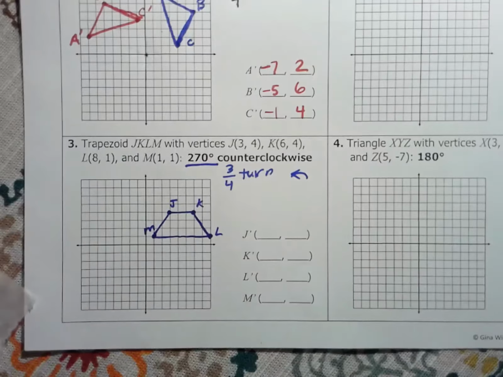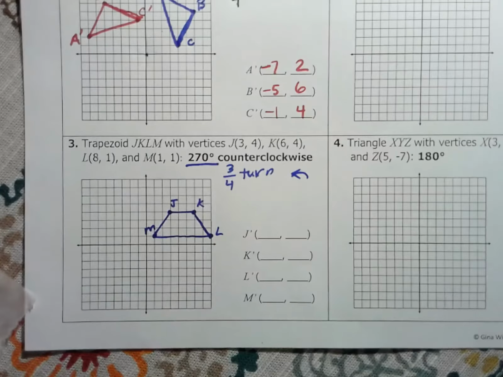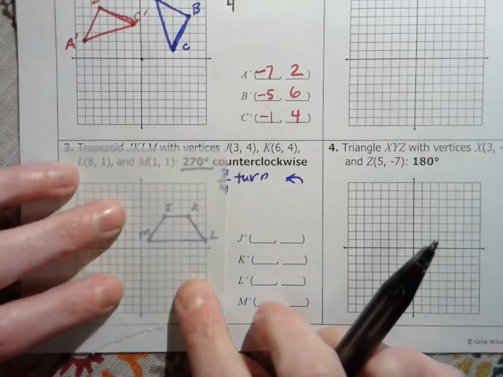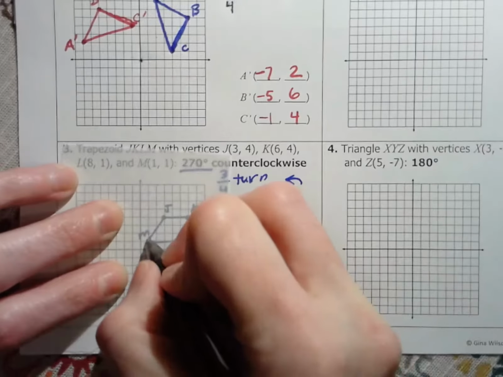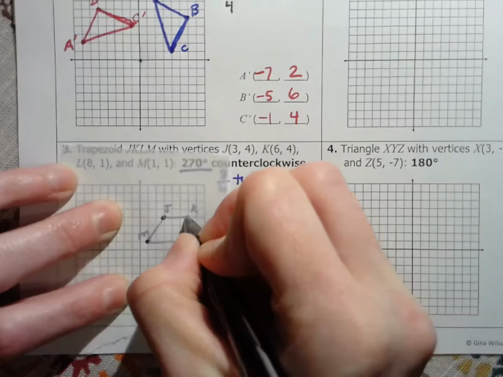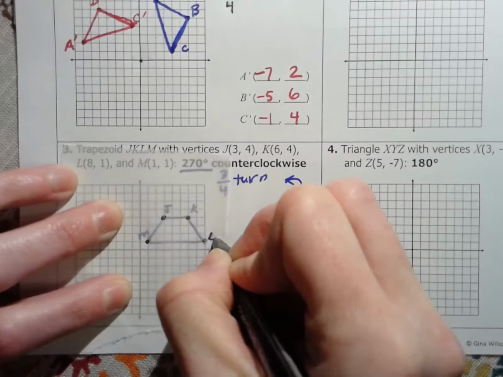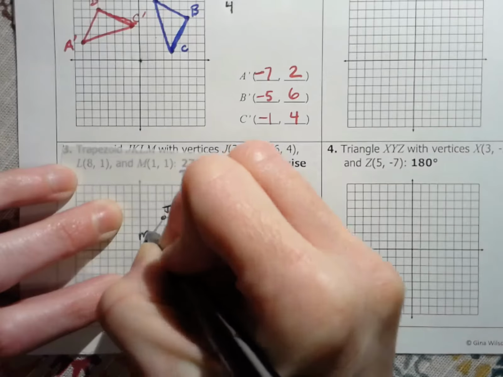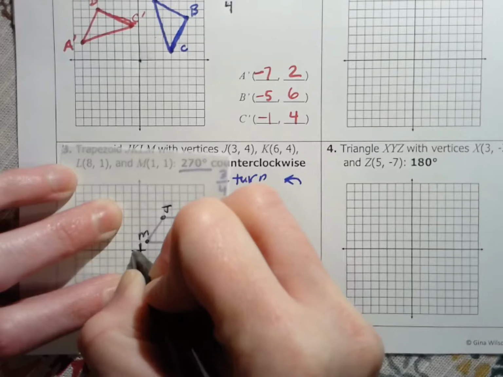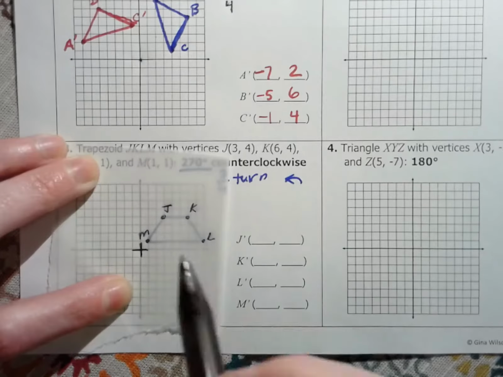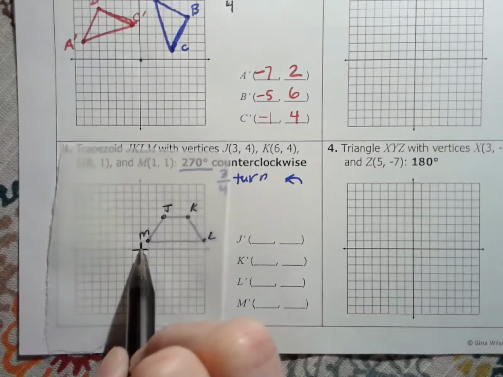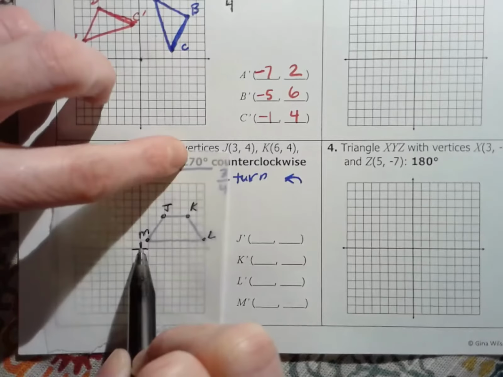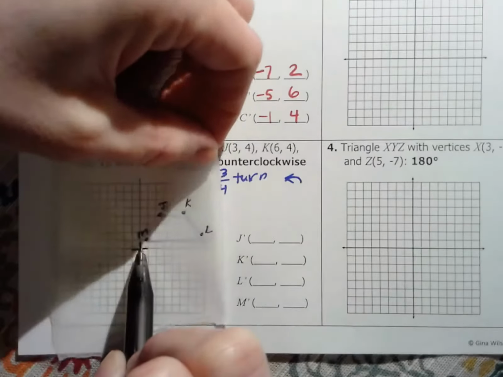Okay. And then we'll take our tracing paper. I'm going to mark my vertices and label them. I'm going to mark my origin. Put my pen in the middle. 270 is 3/4 of a turn.